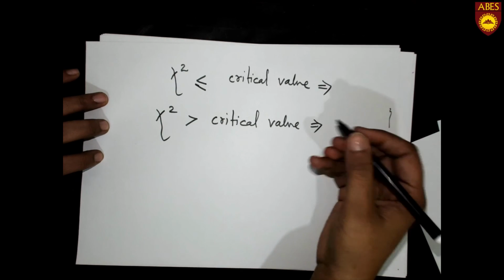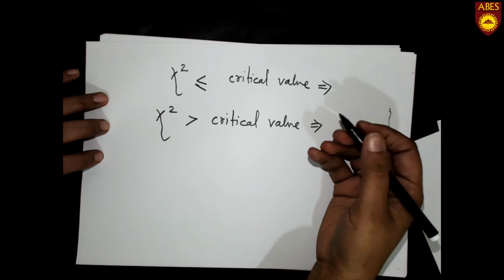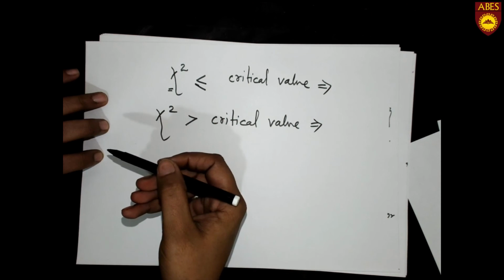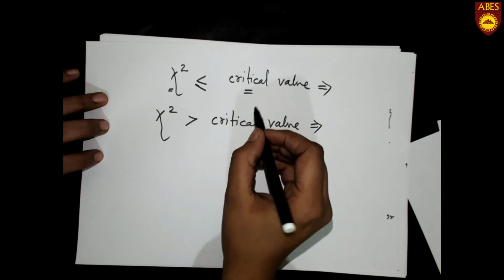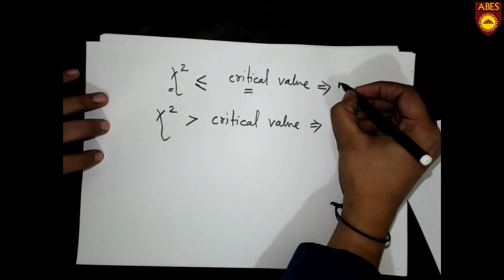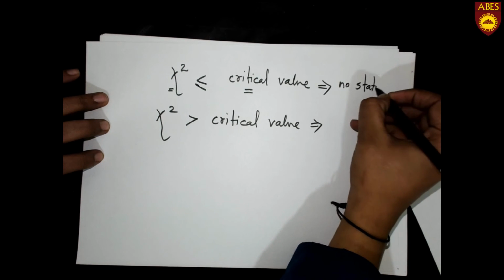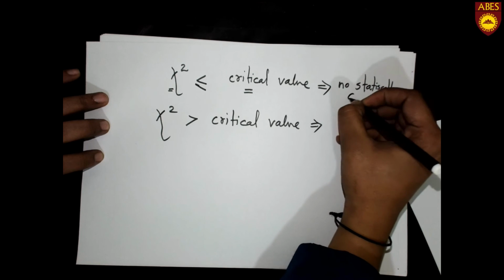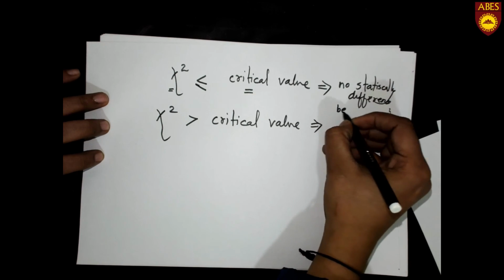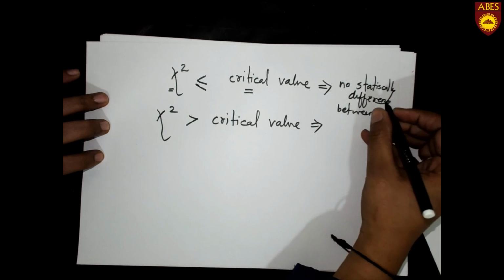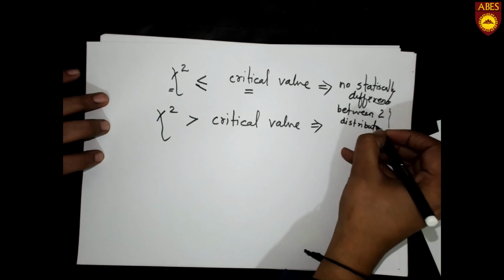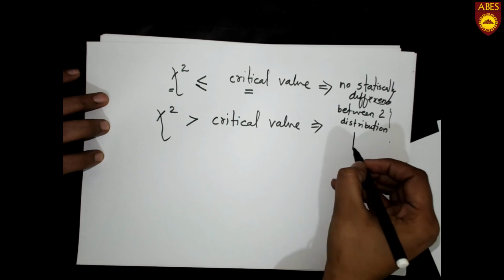I'm concluding from this condition that if the chi-square value which I calculated from an experiment is less than the critical value already given in the table, I'm saying there is no statistically significant difference between the two distributions. What exactly does that mean?